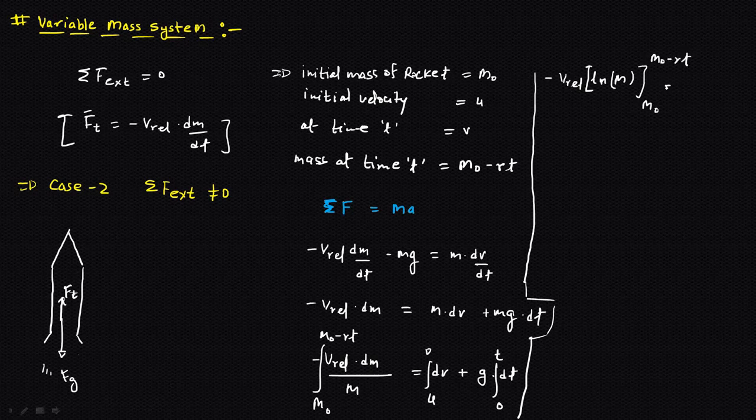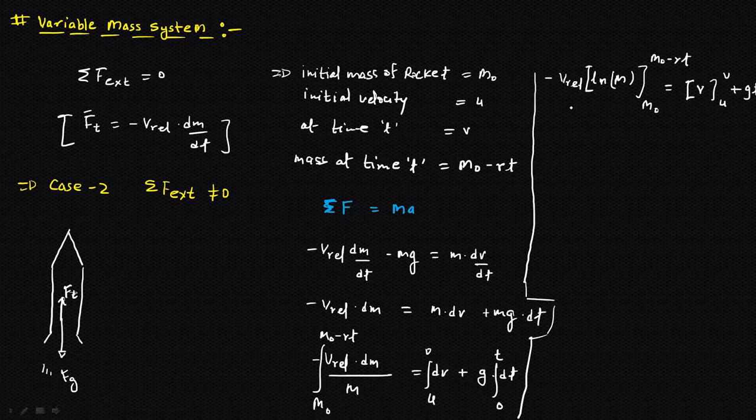Integrating dv gives v with the limit from u to v, and integrating g dt gives gt.